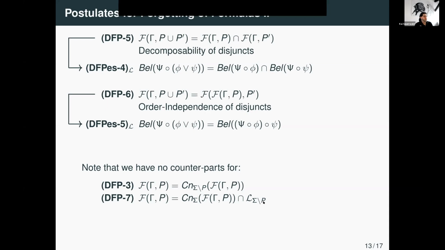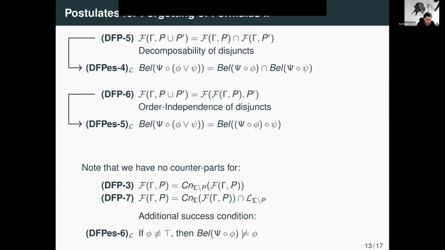You can understand this in some way as a success condition, and therefore we take the success condition of contraction for our interpretation here, which states that when you want to forget a formula, then afterwards you don't believe the formula anymore. At least if it's a tautology, because you can't throw away tautologies when you have belief sets. It's impossible.